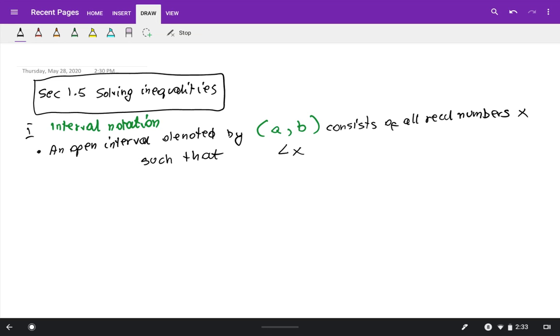That means x is greater than a and x is less than b. So that's an open interval.